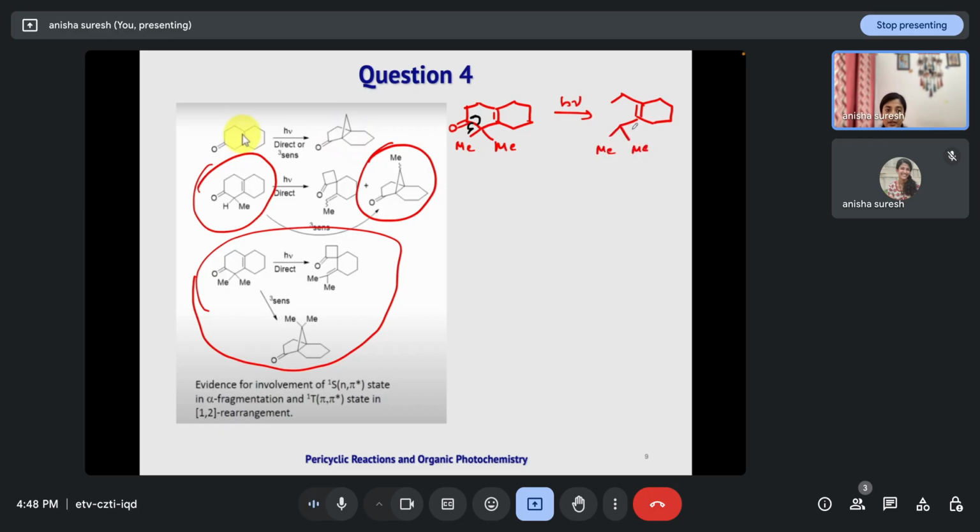Me, Me radical and this carbonyl radical. I think I have forgotten to draw one CH2. Now what will happen? This tertiary radical will react with this alkene, leading to formation of a new alkene, and here a new radical will be generated.